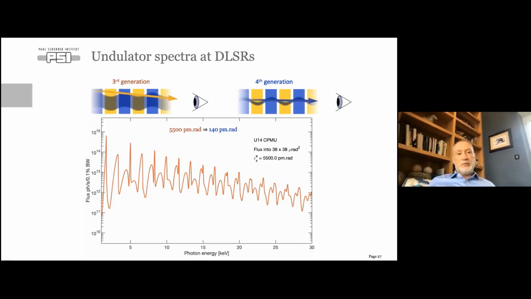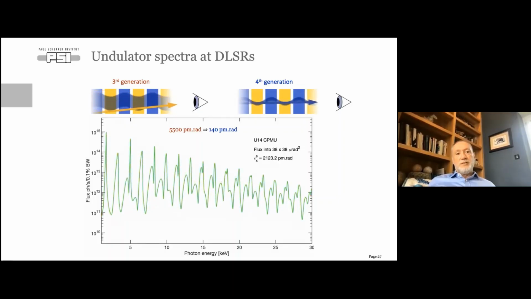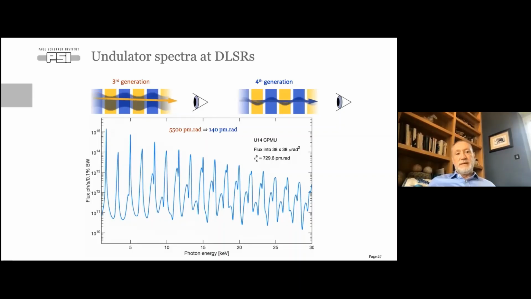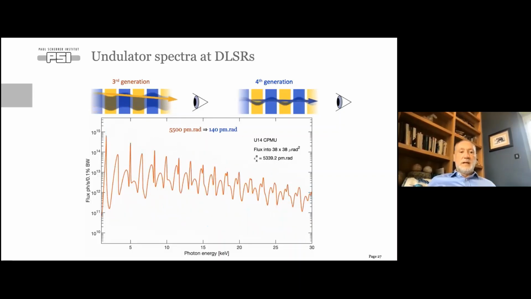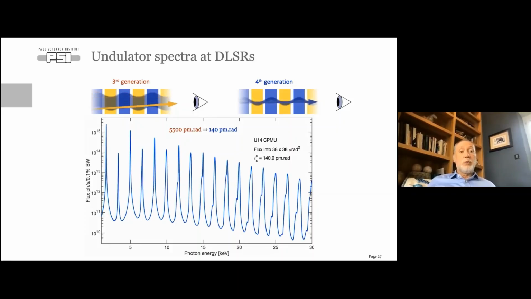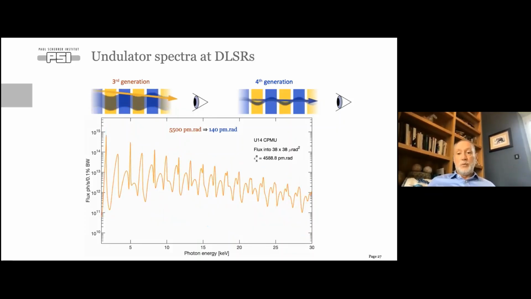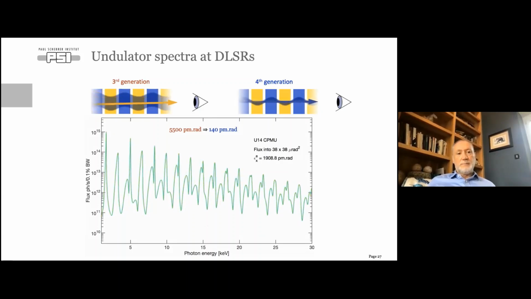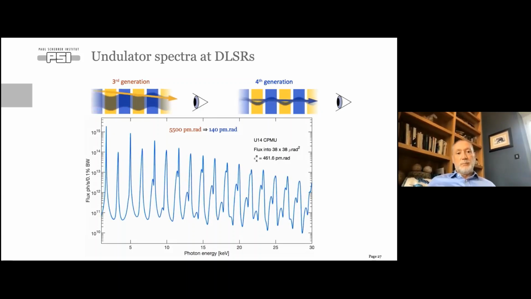And one sees that as one moves to this lower electron emittance, the side lobes become smaller and smaller, and these undulator spectra become increasingly clean. This becomes very interesting when one wants to use the entirety of an undulator harmonic for experiments where one wants to get more flux and one doesn't necessarily want to use a monochromator to make the radiation bandwidth even narrower.